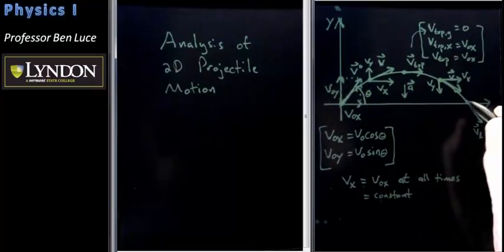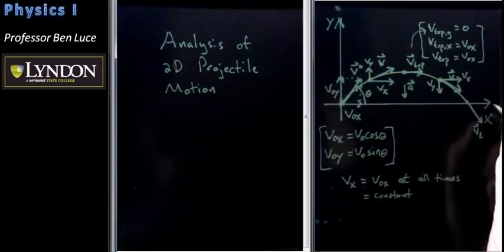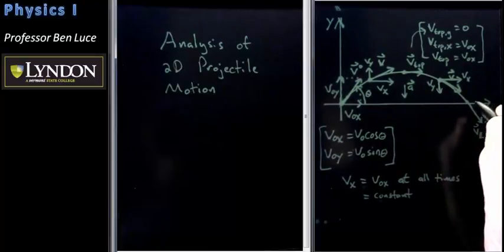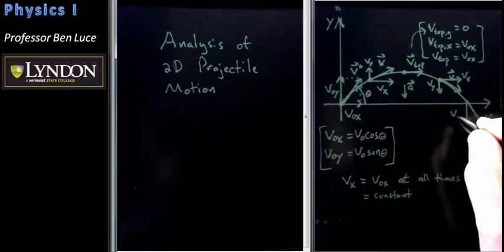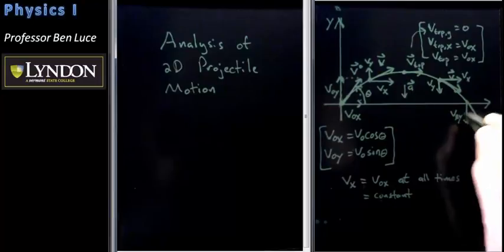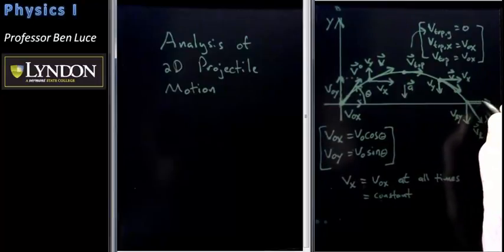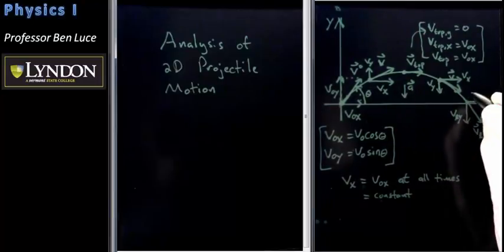And then just as the projectile is landing, or infinitesimally before it lands, then we'll have a y component downwards, which we can call vly, and a horizontal component, which we can call vlx.